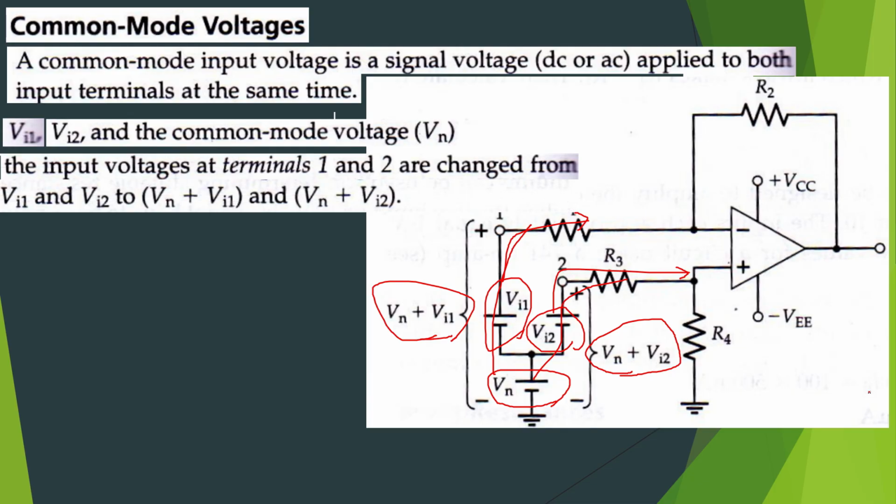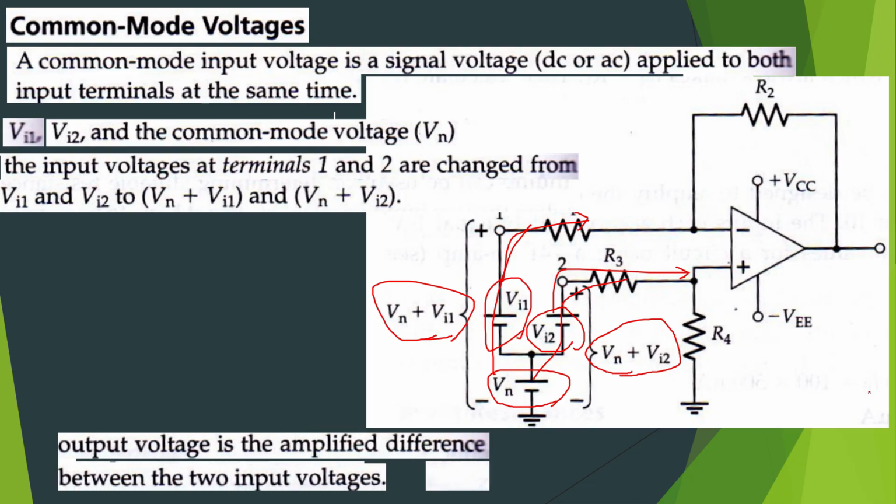The input voltages at terminals 1 and 2 are changed from VI1 and VI2 to Vn plus VI1 and Vn plus VI2. Now the output voltage is the amplified difference between the two input voltages.